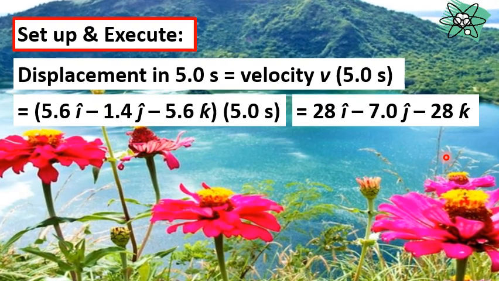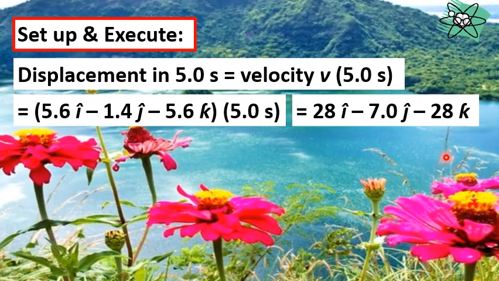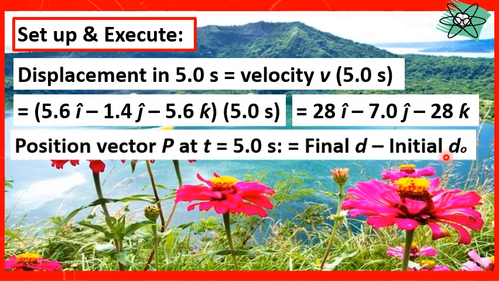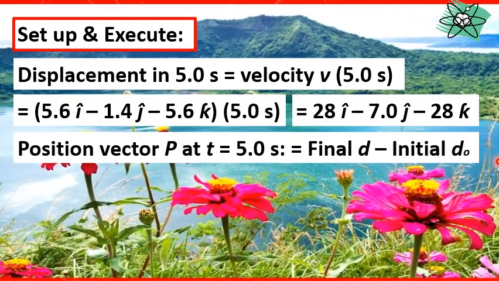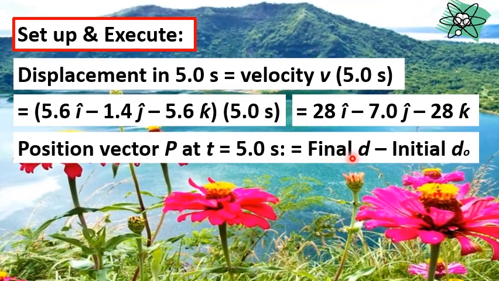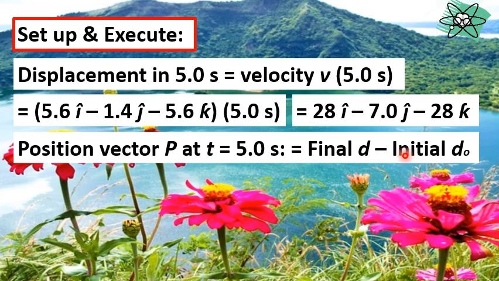And finally, we can now find the position vector at time equals 5.0 seconds. That is simply the difference between the final displacement minus the given initial displacement.